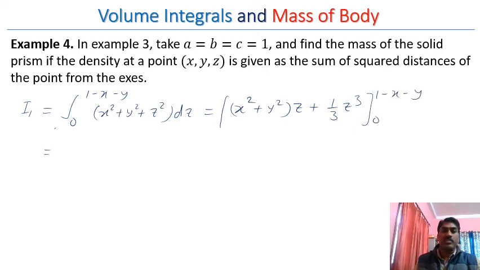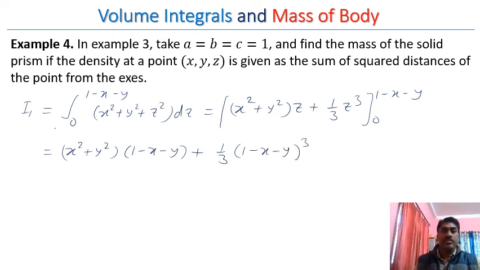If you put these limits, you will get (x square plus y square)(1 minus x minus y) plus 1 by 3 (1 minus x minus y) whole cube.